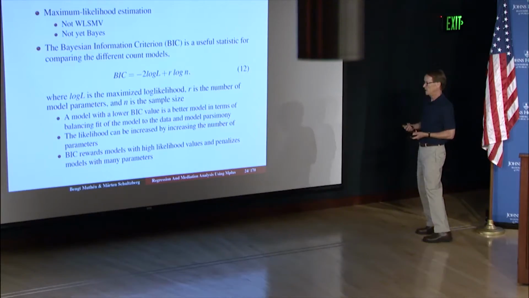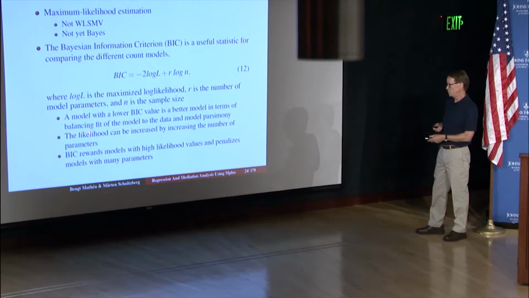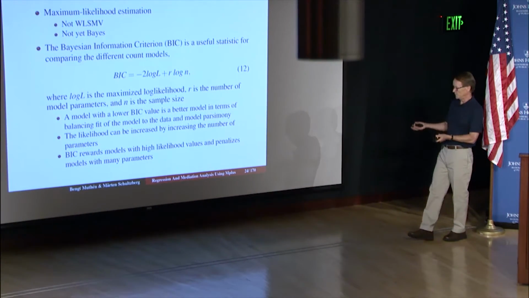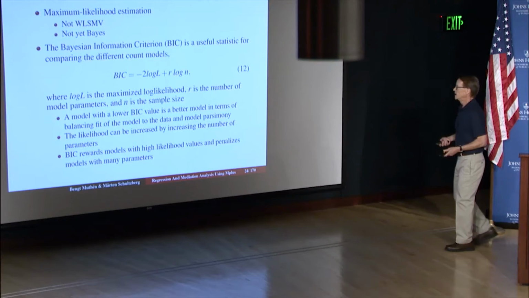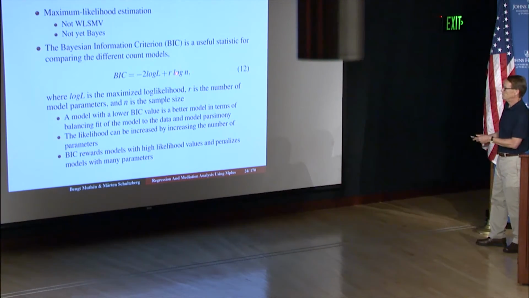In some other software, high BIC is good. But for us, low BIC is good. A lower BIC is a better model in terms of balancing the fit of the model, which has to do with the log likelihood, and model parsimony, that is, having few parameters r. And we multiply the r by the log of the sample size for theoretical reasons. But anyway, that's the penalty part of it.